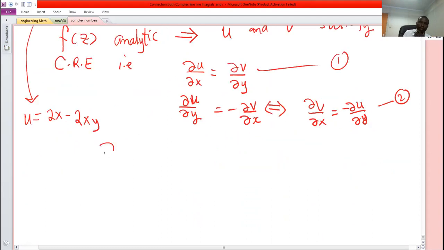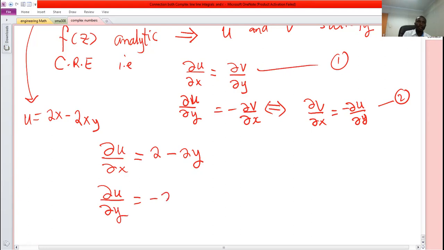So partial u partial x is given by, this will give us 2 minus 2y, partial u partial y will give us minus 2x.